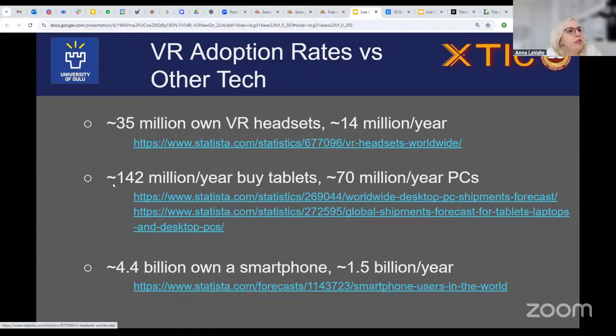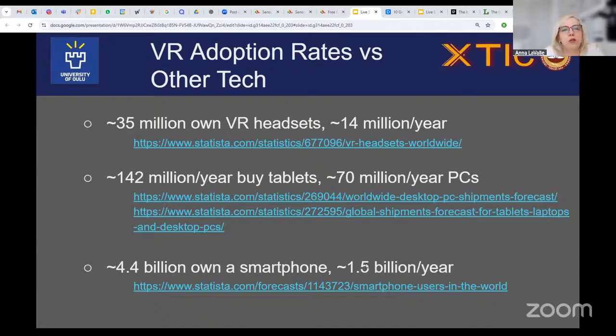Sounds big. But if you compare it to tablets, about 142 million a year of tablets, and about 70 million a year of PCs being sold. And so that's much bigger, almost an order of magnitude more than VR headsets.